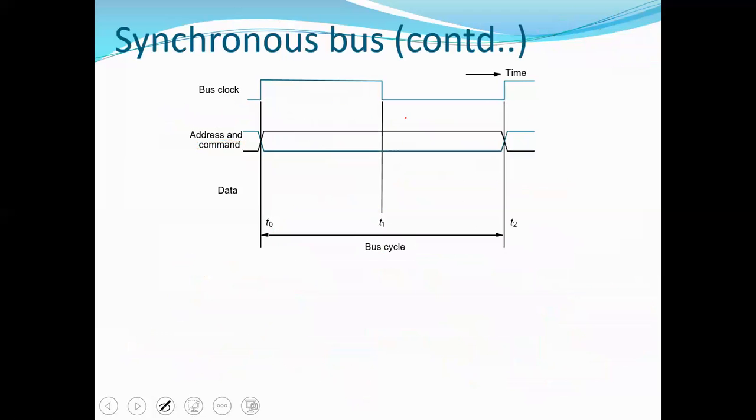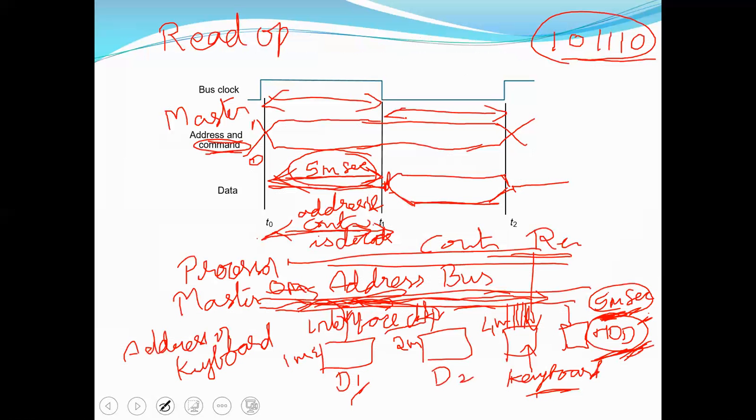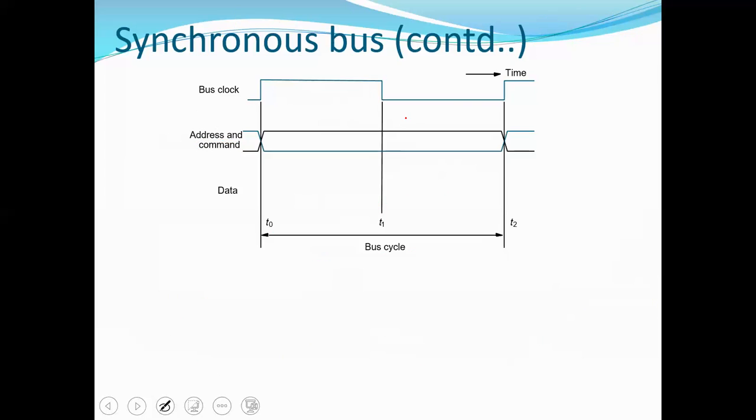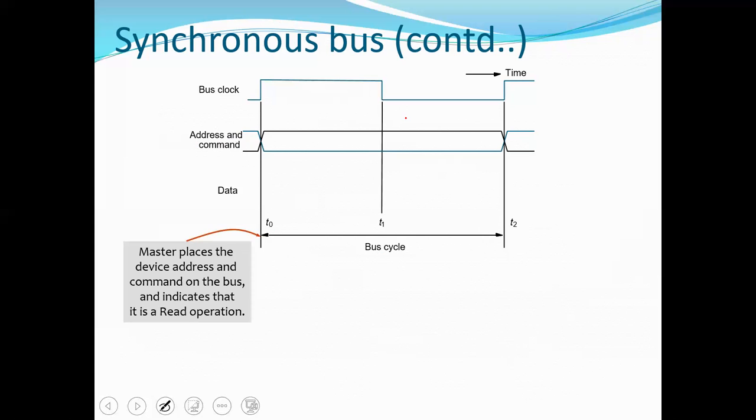Now we'll see the same diagram. Here I drew it by hand to make the understanding better in this online session. Here the address is put by the master, and the master places the address at time T0, indicating that it is a read operation.